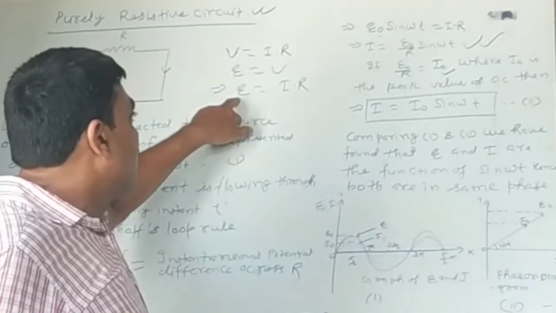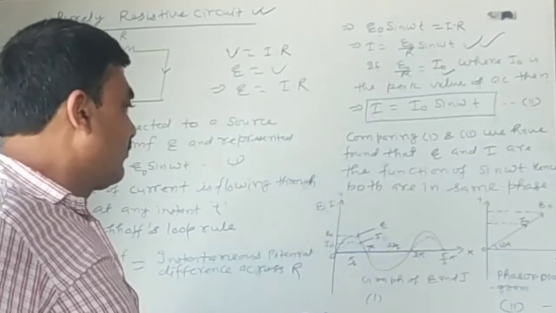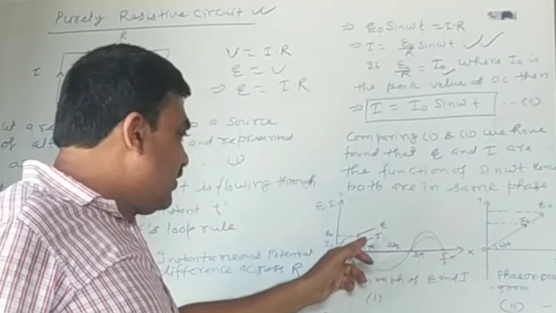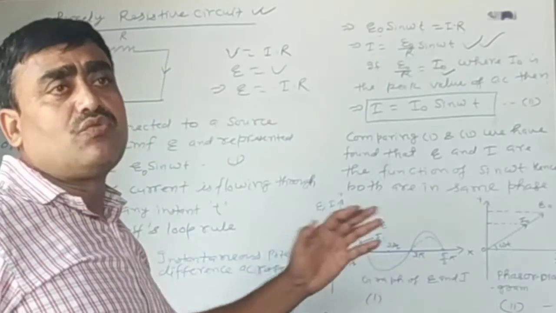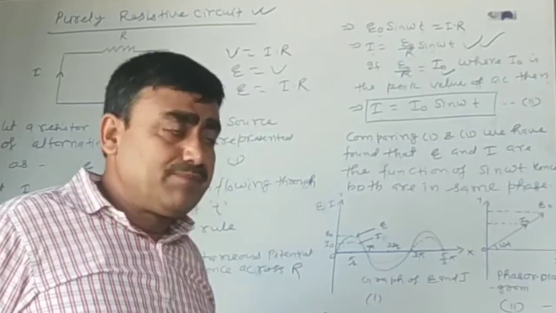This shows that both E and I are in the same phase with respect to angle omega t.